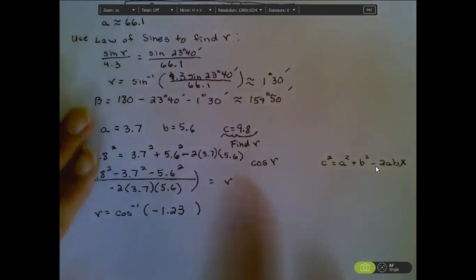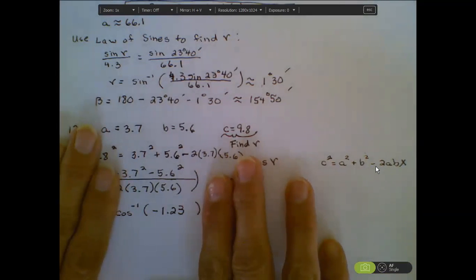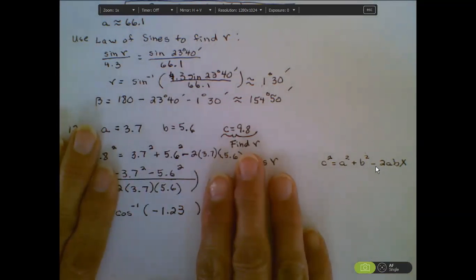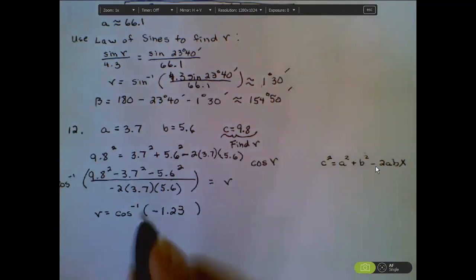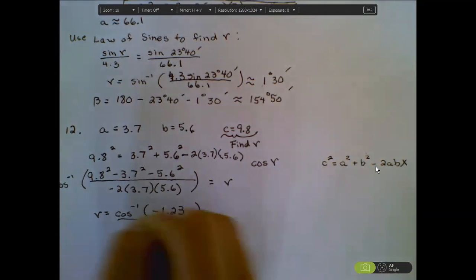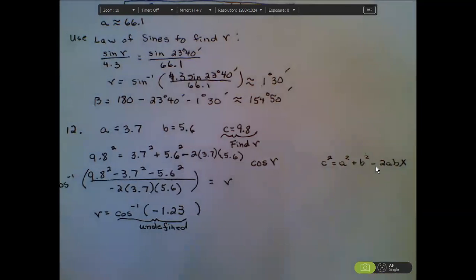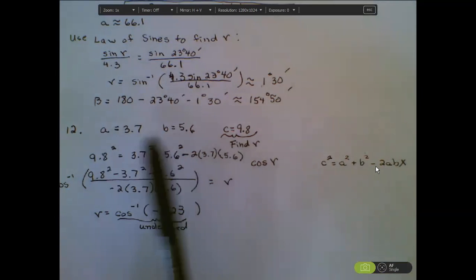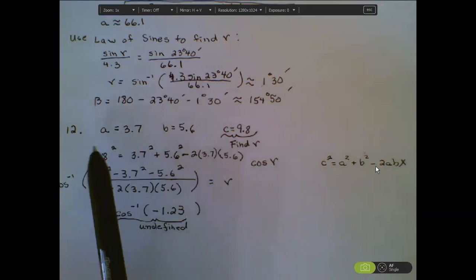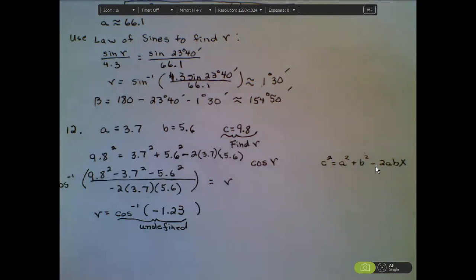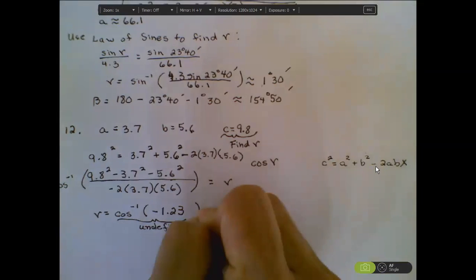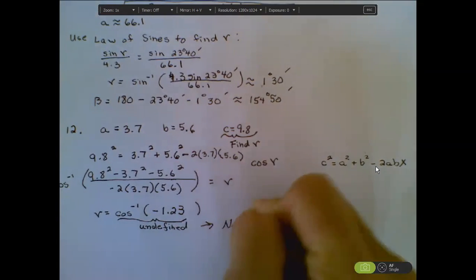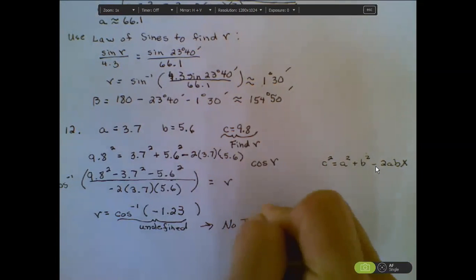So if that was a whole problem on the test, what would you write down for inverse cosine of -1.23? Undefined. Yeah. And what does that mean about those 3 sticks that I gave you and told you to put together as a triangle? No triangle. Right. You can't make a triangle with those 3 sticks.